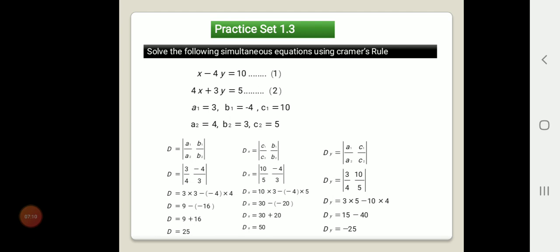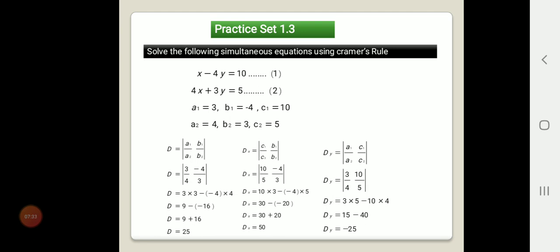First, we find the value of determinant D, which is equal to a1, a2, b1, b2, with the c1, c2 column omitted. D is equal to a1 is 3, b1 is minus 4, a2 is 4, b2 is 3.